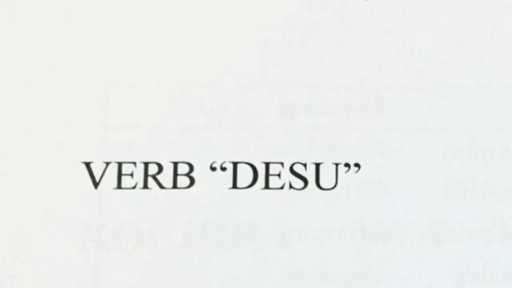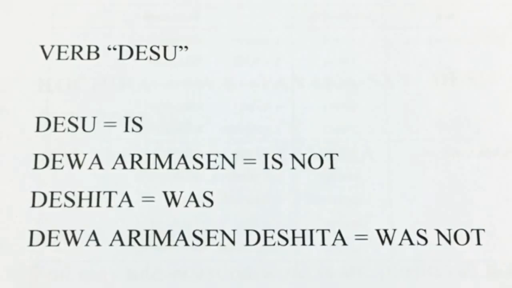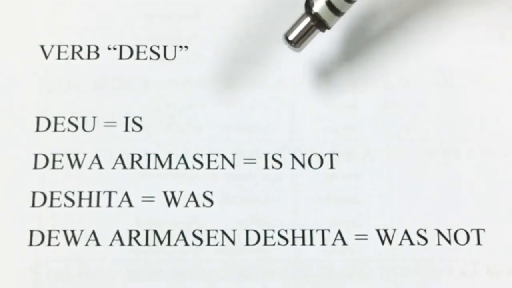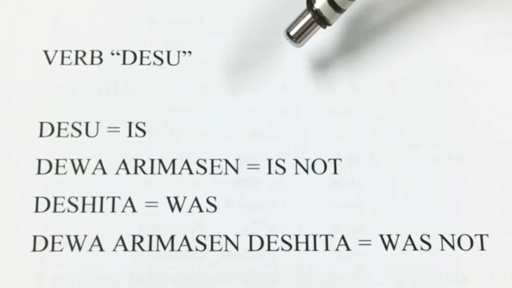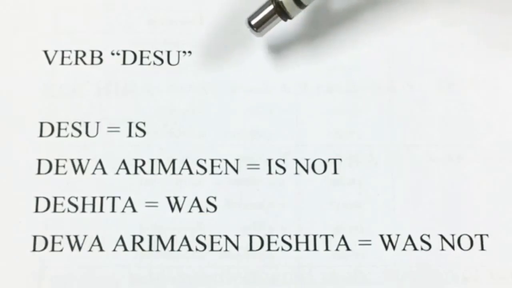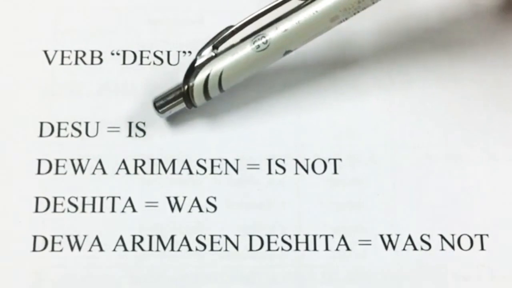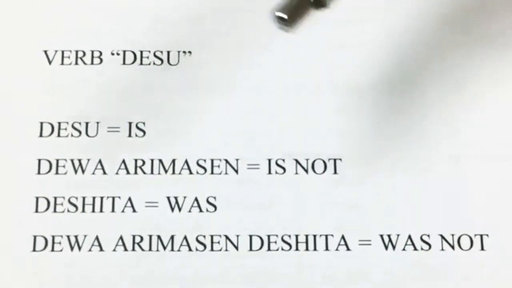Japanese put the verb at the end of the sentence. So if you want to change the tense, or if you want to change it into negative, they can change it at the end of the sentence. So let's start with this verb. If we compare to English grammar, the meaning is quite like "to be" in English.